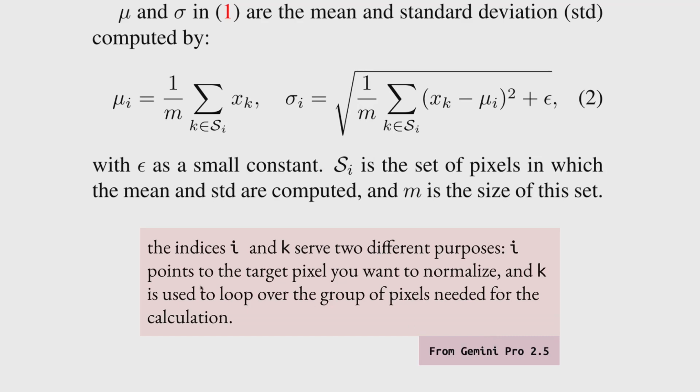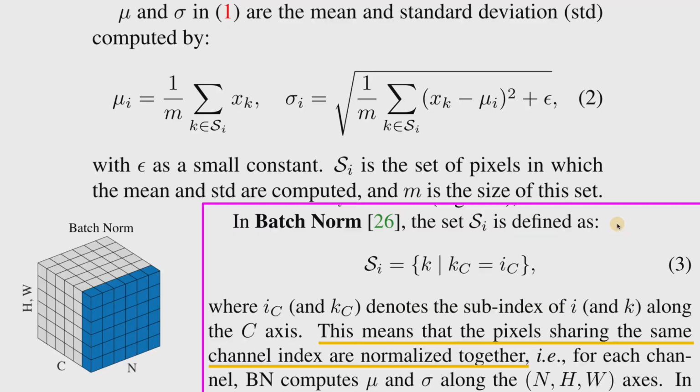Gemini Pro says the indices i and k serve 2 different purposes. i points to the target pixel you want to normalize, and k is used to loop over the group of pixels needed for the calculation. So i is kind of like the universal index, and k is the local specialized index for the particular strategy of normalization that you are picking.